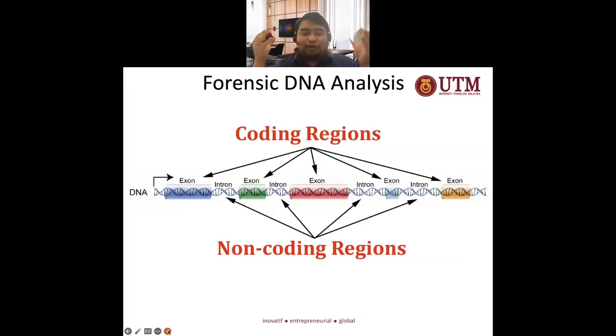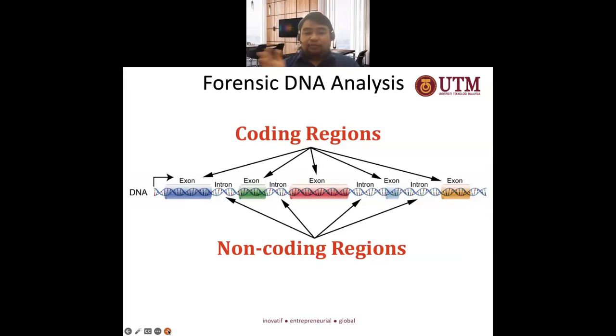There is a lot of jargon that you need to learn: exon, intron, and now short tandem repeats. But this is important for you to understand what PCR is all about. For exon, you just need to remember it and set it aside, because exon would not be used for identification purposes, because it is for your protein production.